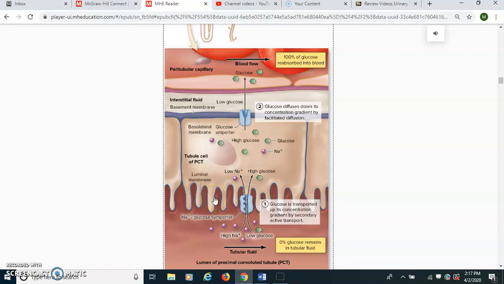So we have a maximum amount of glucose that can be reabsorbed. If we have the maximum amount of glucose in our tubular fluid, we would saturate all these little transport proteins; each would have a glucose it's moving across the membrane, and they couldn't move any more.